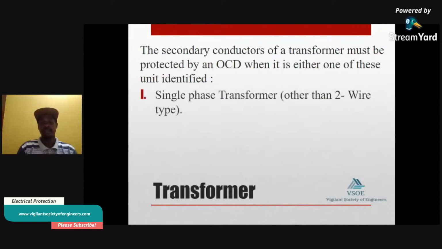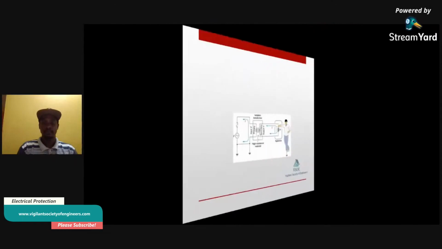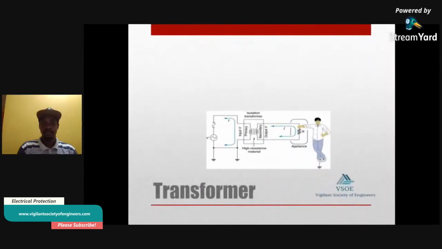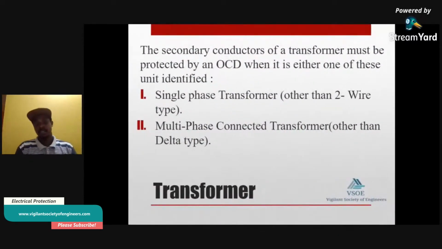Now, for a single-phase transformer other than two-wire type, or a multi-phase connected transformer other than delta type, all right, so what this is really saying is that the overcurrent protection device should be placed on the secondary of these types of transformer, all right?